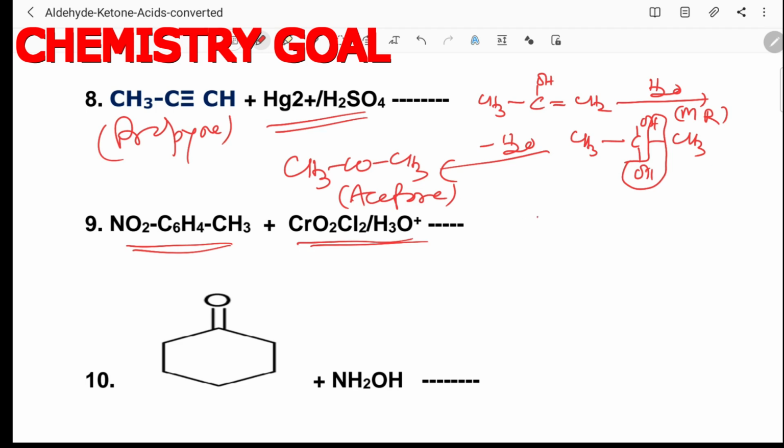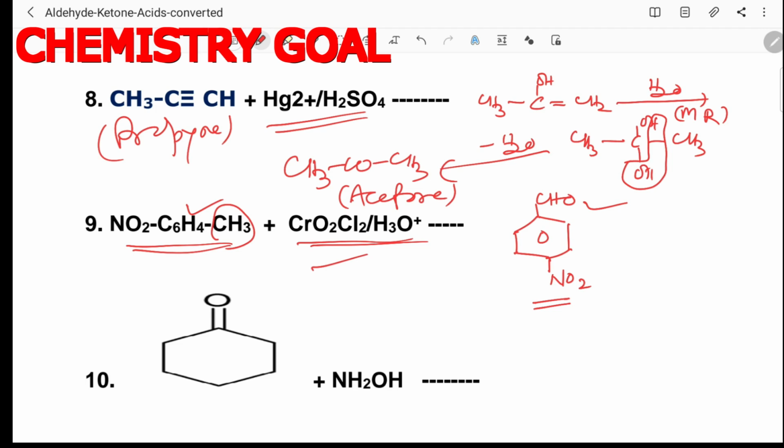Here, this is the derivative of benzene, and the methyl will become CHO after oxidation, and the nitro group will remain. So this is 4-nitrobenzaldehyde or para-nitrobenzaldehyde, because the nitro group remains the same, but the methyl group gets oxidized to aldehyde by chromyl chloride. This is called the chromyl chloride test. Remember, very important, methyl converts to aldehyde.